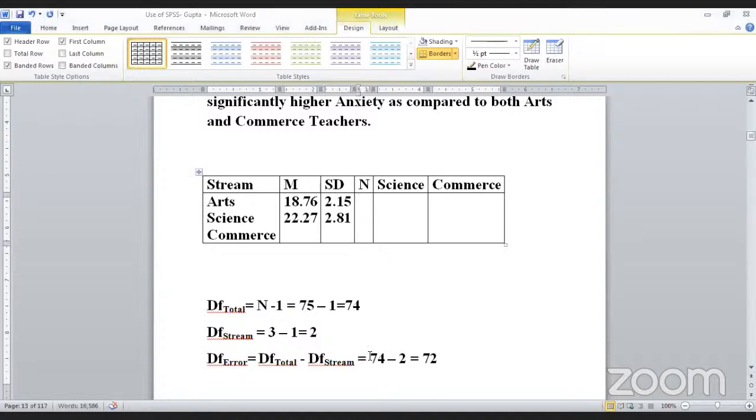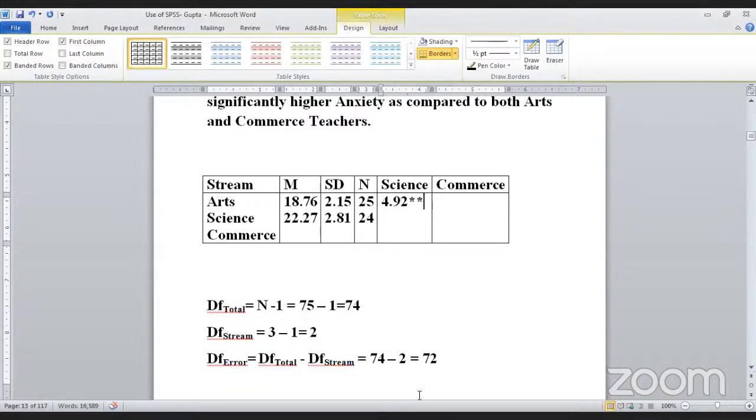And the N is 25 and 24. And here the t value is 4.92, and it is significant at 0.01 level.